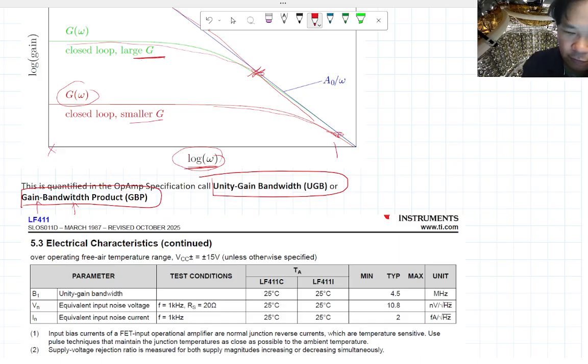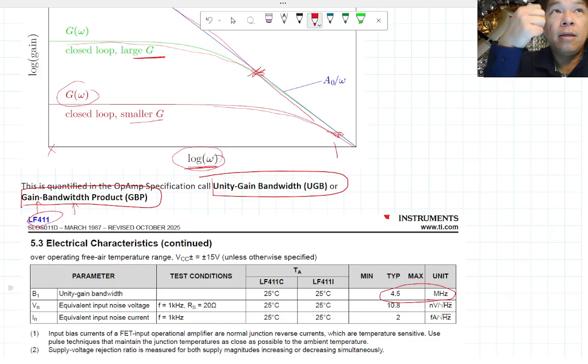For the 411s that we're using, this is going to be 4.5 megahertz. So if your gain is 1, and you run a signal that's 4.5 megahertz, instead of getting a gain of 1, you're only going to get a gain of 0.707.